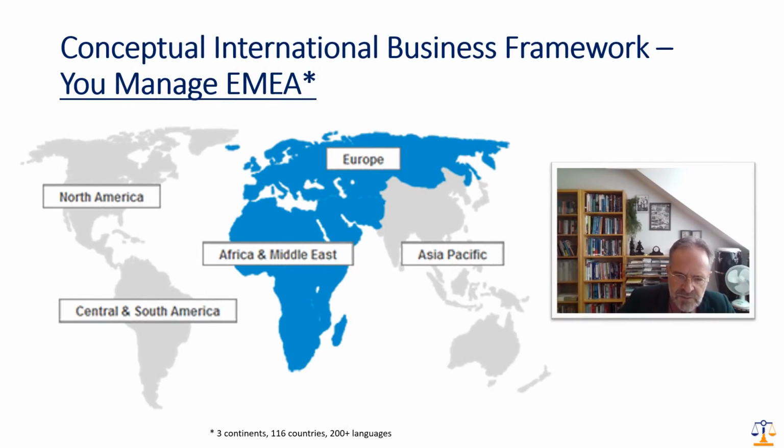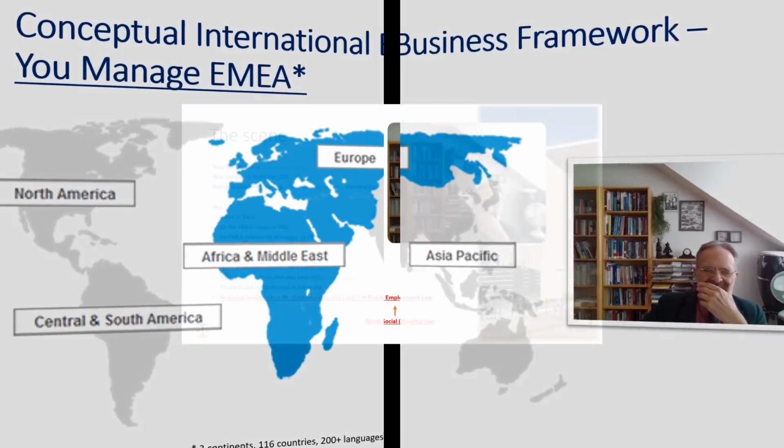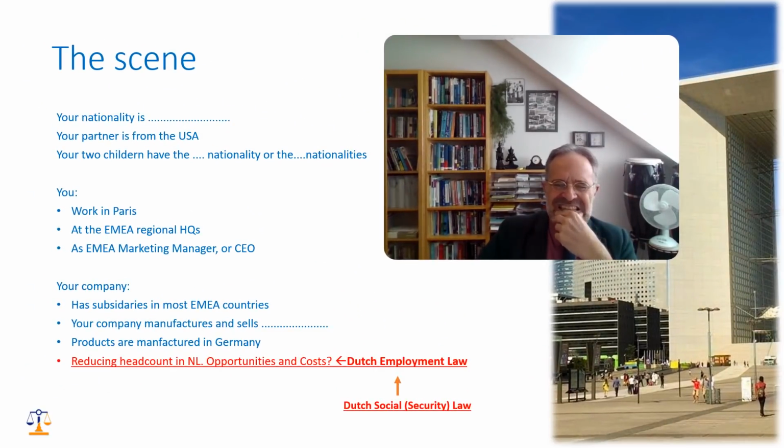We take a little break by realizing again that we are in this role of a manager who manages the EMEA, and we have a headquarters in the US. And this headquarters in the US has contacted you.